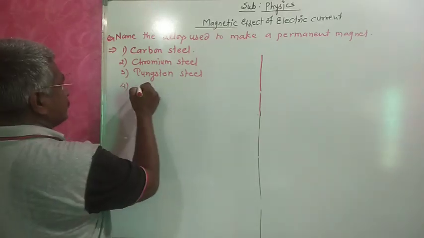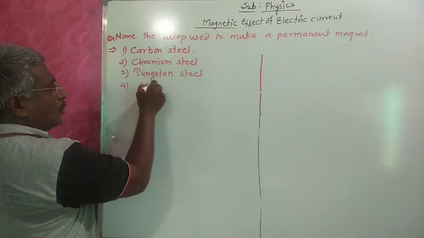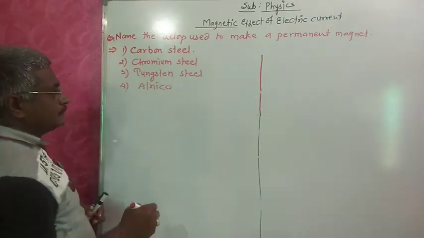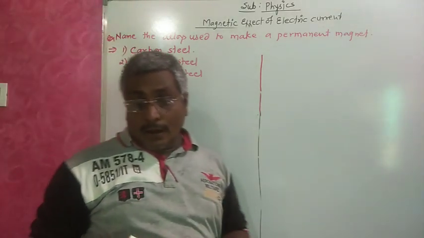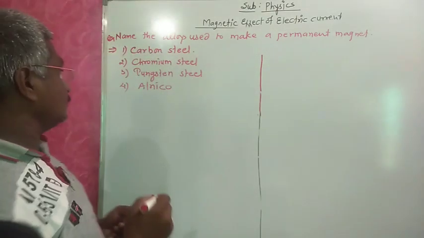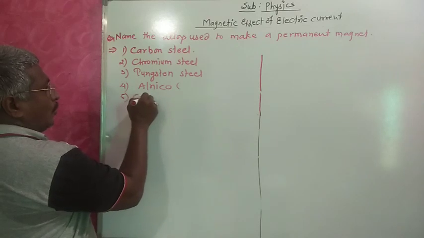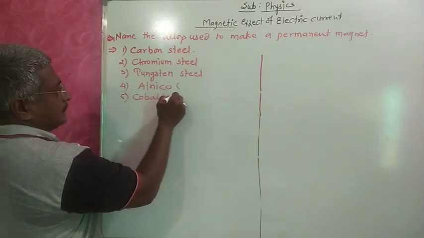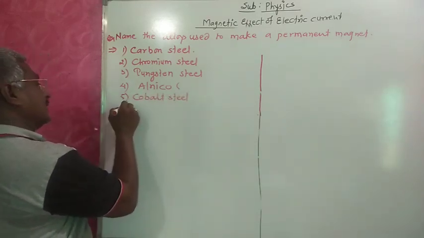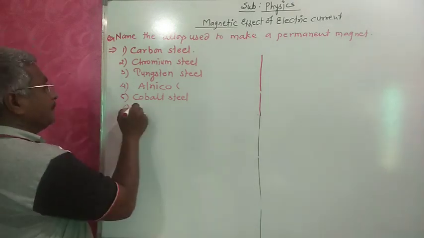Then Alnico. What is this? Alnico. Cobalt steel. And sixth it is there, Nippermug.